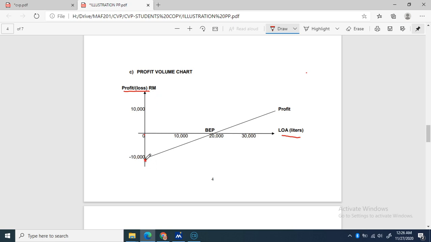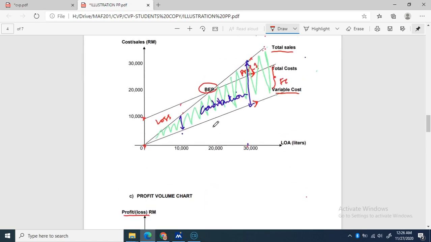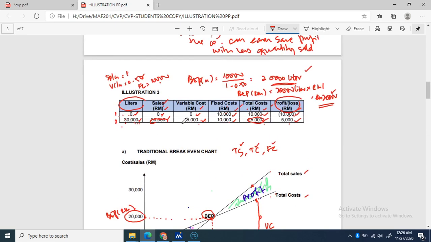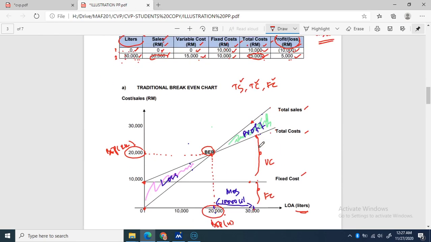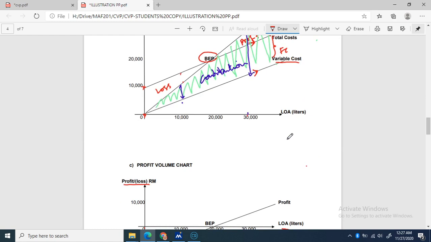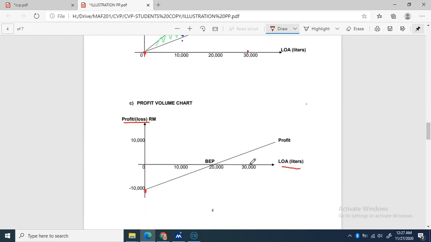Negative 10,000 means it's a loss. Now if 30,000 liters, profit is 5,000. So we have 2 points. Draw a straight line through this point and this point. This is the profit line.